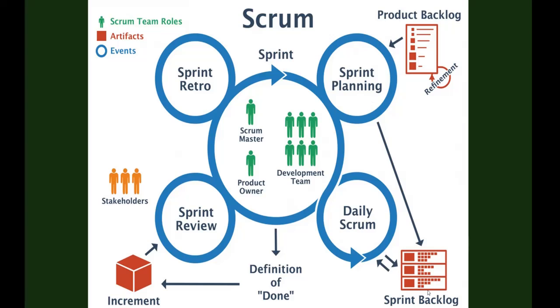Then they build a sprint backlog, which items they need to accomplish. Every day, for example, they do this item, then the next day another item. This is called the daily Scrum. It's a 24-hour event, and the daily Scrum should be 15 minutes in duration. Later, after the sprint backlog, if the product is finished, they do the sprint review.